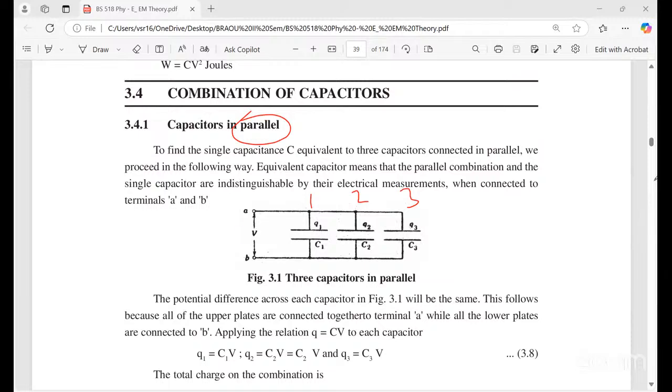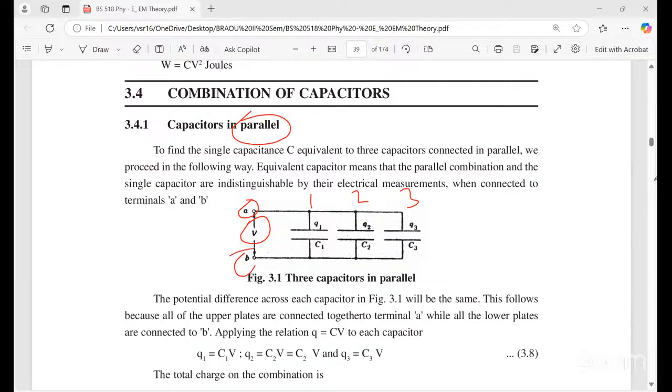A potential difference is applied between them. So here, what is the equivalent capacitor which can replace the parallel combination of these single capacitors? These three are connected to the terminals A and B. This is A and this is B.